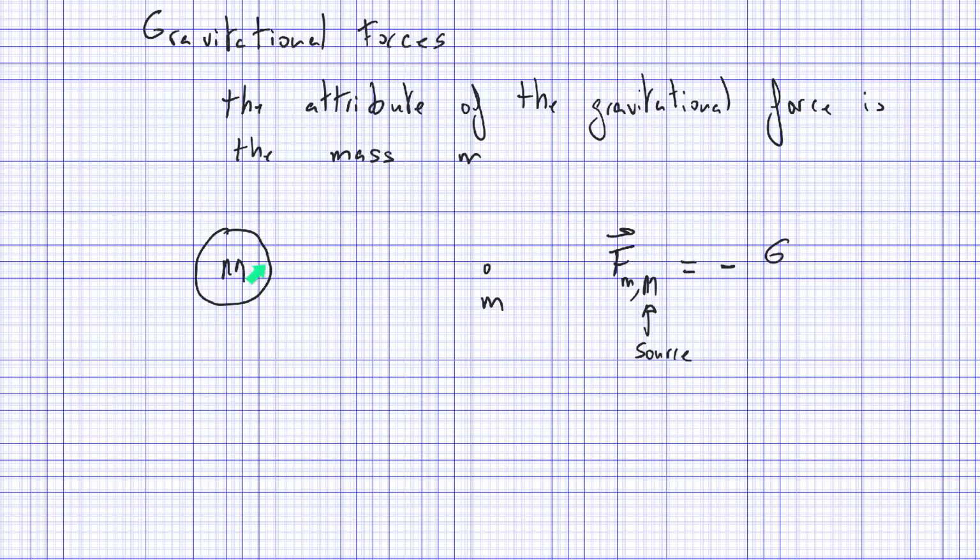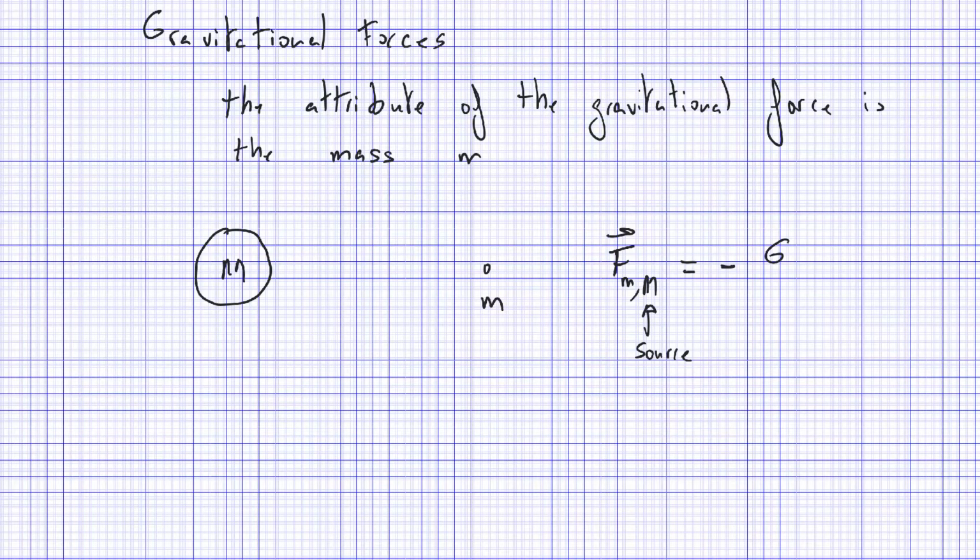When you give the mass to the body, it creates a gravitational field surrounding the object, and the force acting on a mass little m due to the source, the capital M, is the following force.